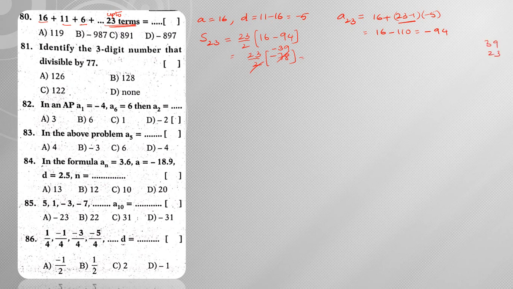So multiply here. 9 3s are 27, 2 is carried, 3 3s are 9, plus 2 is 11. 2 9s are 18, 1 is carried, 3 2s are 6, plus 1 is 7. So 7 9 8, and clearly here we have minus, so minus 897. Hence the answer is minus 897.